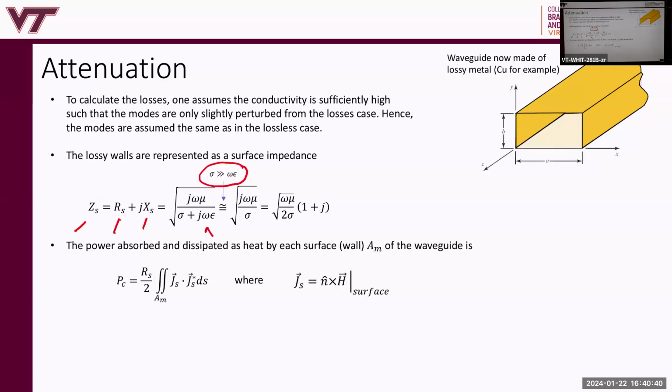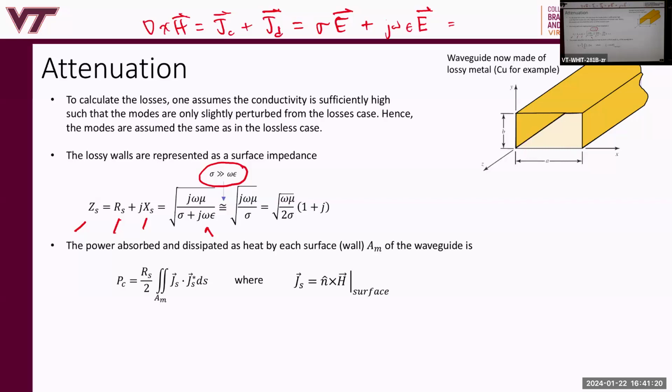If we write Ampère's law, the curl of H, we have J due to conductivity and the displacement current. So we get sigma E plus j omega epsilon E.